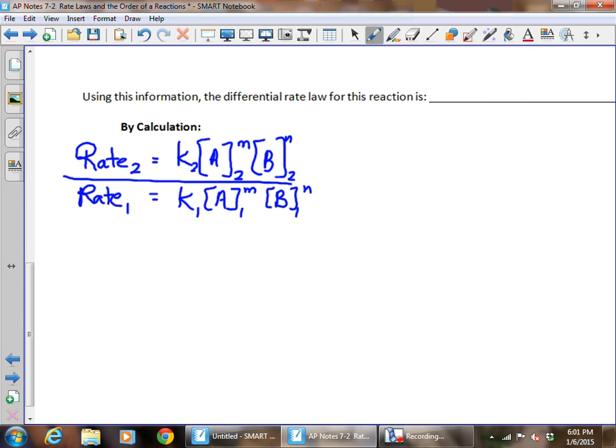And we're simply going to fill in the values. The rate for experiment 2 was 6.0 times 10 to the negative third molarities per second. That really doesn't look like an S, so I'm going to change it. And the rate for reaction 1 was 2.0 times 10 to the negative third molarities per second.